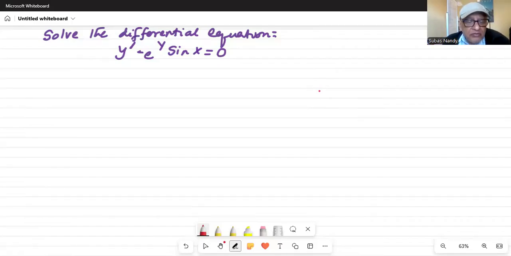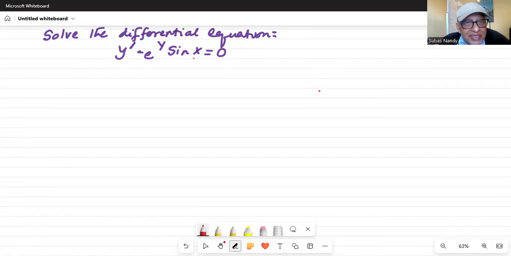Solve the differential equation y prime minus e to the power of y sin x equal to 0. So first I will separate the y prime from the rest.